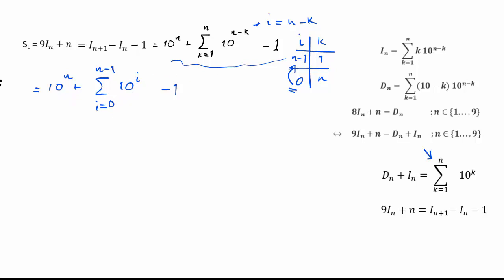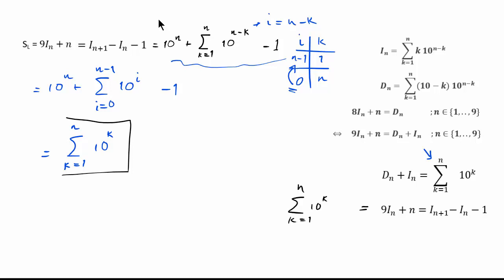So that's it. Actually, this is equal to the sigma from i or k, it doesn't matter, as we agreed, 1 to n, 10 raised to the power of k. So this is also equal to this sigma. Thus, those two are equal to each other, and therefore this equation is correct.